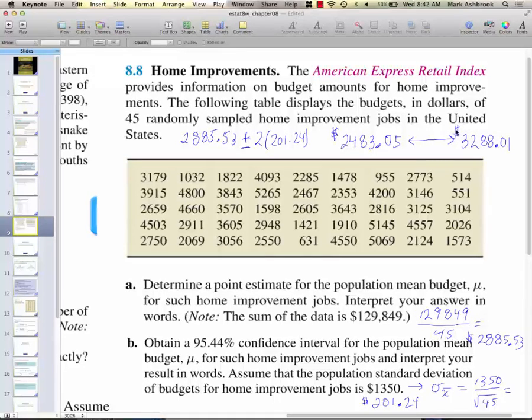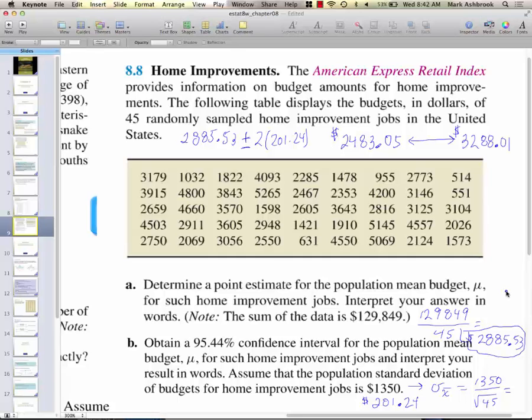Okay. So what did we just find out? We had this point estimate of the population mean of 2885.53, but there's inevitably error, right? So inevitably the actual population mean is not that. So if we find the distribution for samples of size 45, we can get our standard deviation for samples of size 45, and we can do 2 above and 2 below, and we know that 95% of the data falls within those two.